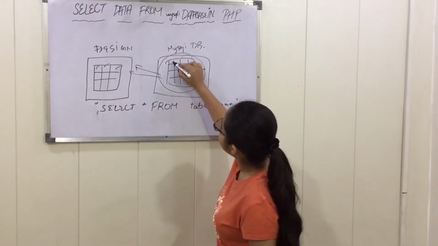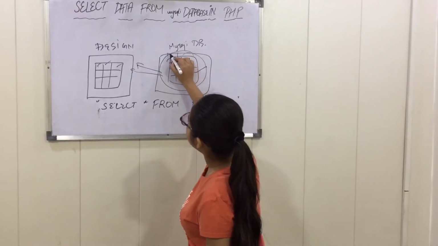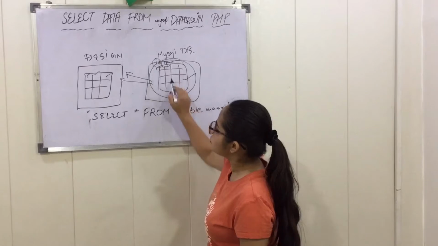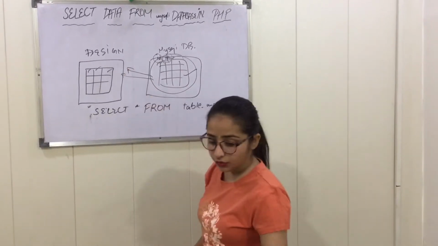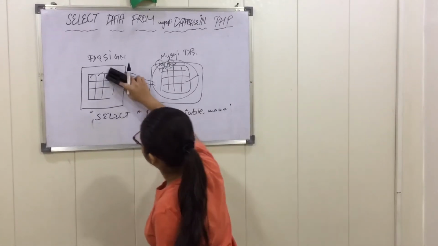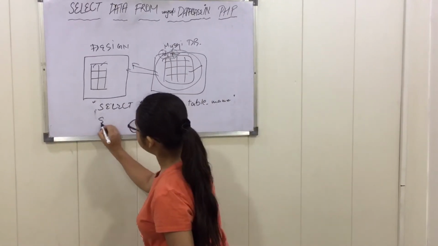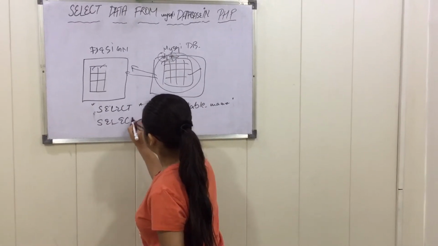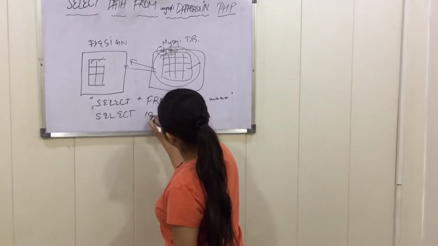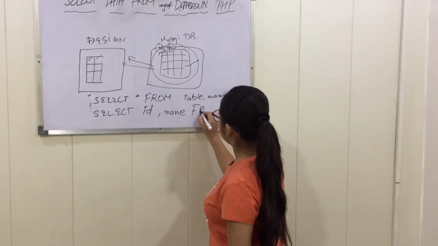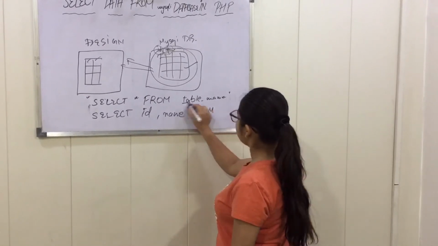If I need only two values, suppose this one is ID and this is name, I don't need the third field here. So we can also do SELECT ID, name FROM, again the table name.